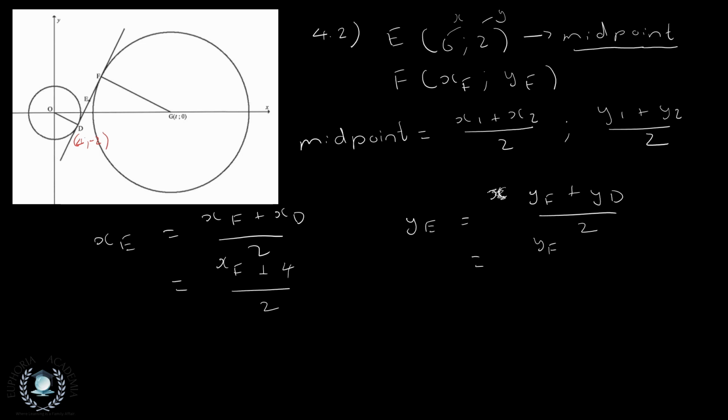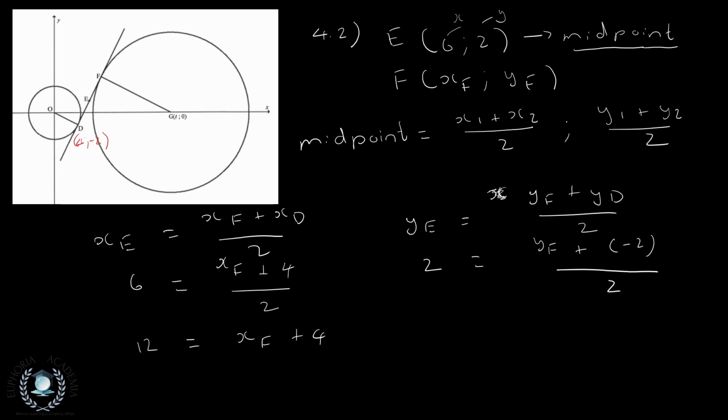This is actually equal to 6. This will be equal to 2. yF, what's the y coordinate of D? It is minus 2, and that is divided by 2. And we will find that 12 will be equal to xF plus 4.